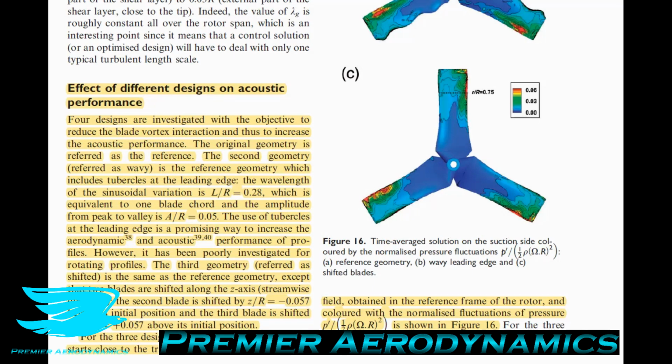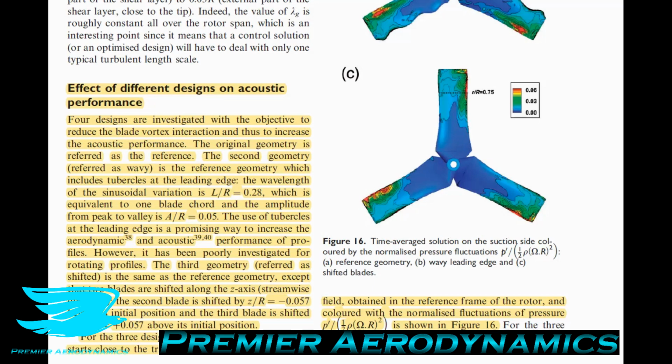So why are we using tubercles for acoustic control? Let's get into that. The use of tubercles at the leading edge is a promising way to increase the aerodynamic and acoustic performance of profiles. However, it has been poorly investigated for rotating profiles. The third geometry, referred to as shifted, is the same as the reference geometry, except that the two blades are shifted along the z-axis.